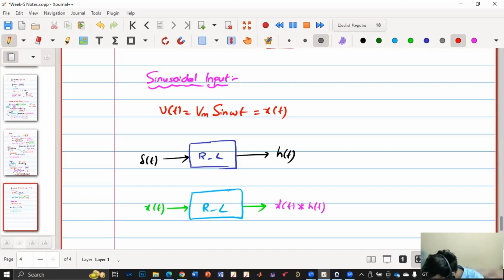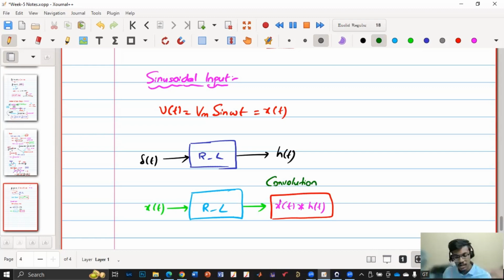So I check whether, if I proceed this way, it is giving me the correct answer or not. Because in the earlier week, we solved the differential equation with Vm sine omega t and we got the output for that sine input. Now, instead of solving that, I'll use this convolution theorem that we have studied just now, just to see whether we are getting the same result or not.